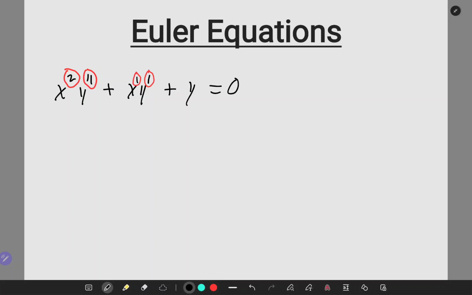You can think of it like that. So this is an Euler equation when it follows this pattern, where we have these coefficients on top of this.